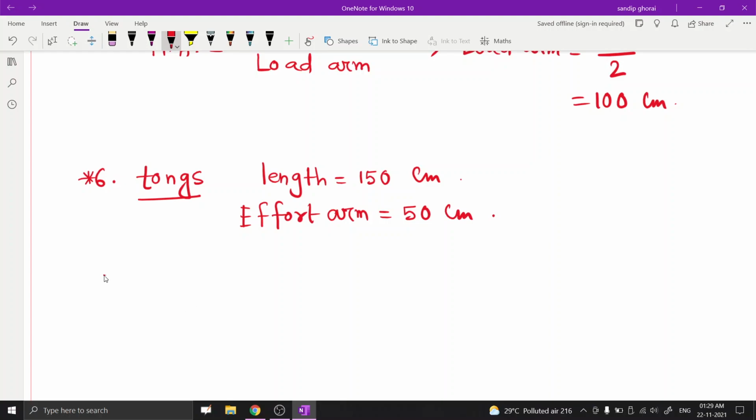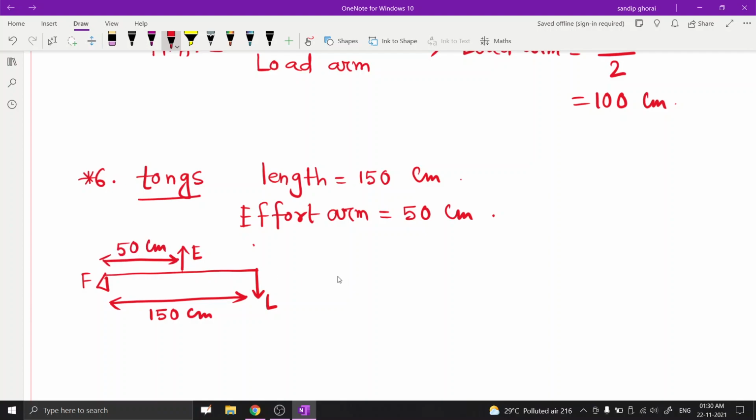Tongs are a third class lever, that means one end is the fulcrum and the other end is the load, and the effort is placed in between them. So here the length means the load arm, 150 centimeter, and the effort arm, this section, is 50 centimeter, already given.